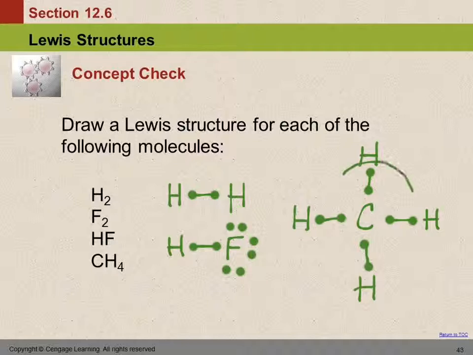This carbon counts all of these bonding electrons as belonging to it. 2, 4, 6, 8. 8 electrons. Any questions? So it's a little bit like putting a puzzle together, arranging these so that they can share electrons and have 8 valence electrons.